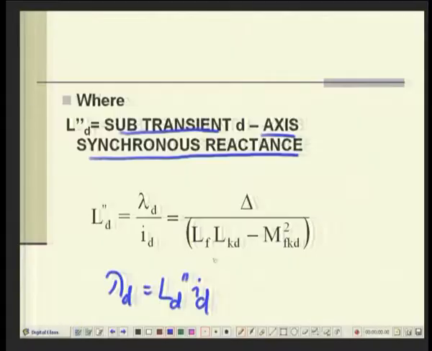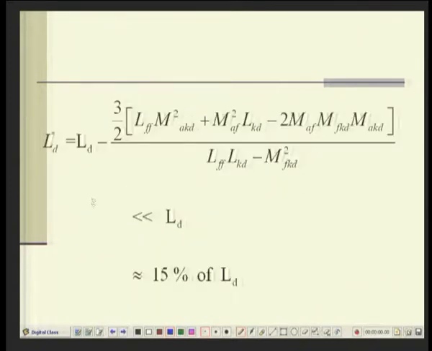Lambda f is 0, lambda kd is 0. So, this will be the term, and on simplification LD double dash will be LD minus this quantity. So, LD minus a certain quantity means it will be much less than LD, and so the subtransient reactance will be very small compared to the normal steady state d axis reactance LD, okay.